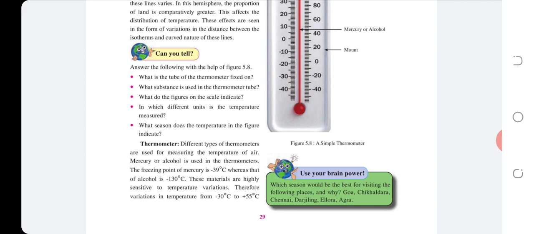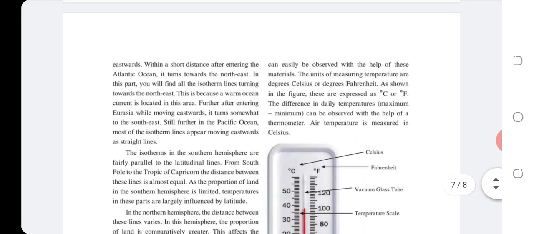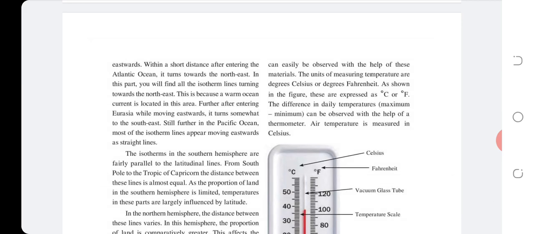These materials are highly sensitive to temperature variation. Therefore, variation in temperature from minus 30 degrees Celsius to plus 55 degrees Celsius can easily be observed with the help of these materials.